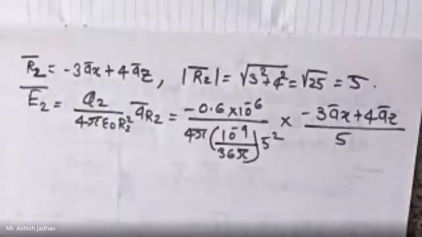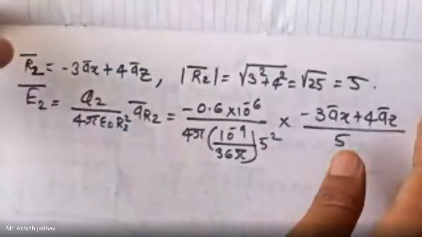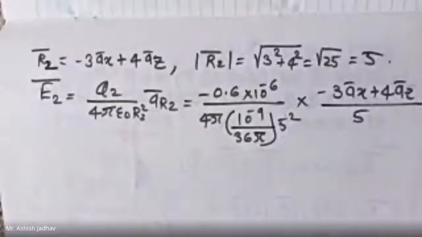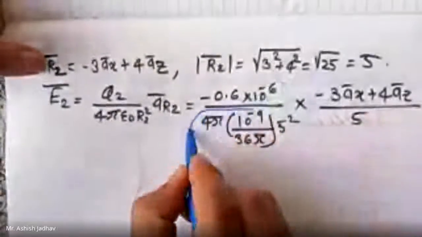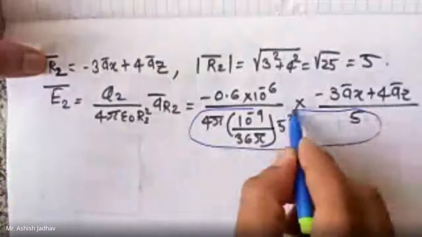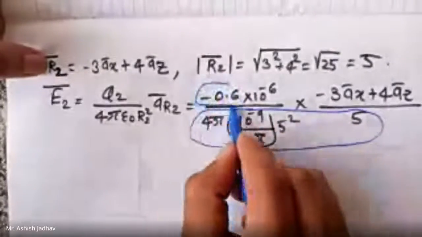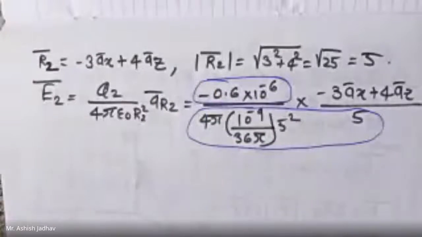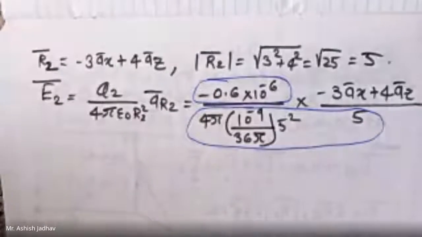So calculate this one. Get this denominator calculated first and get it divided by this numerator and tell me the final value of this.